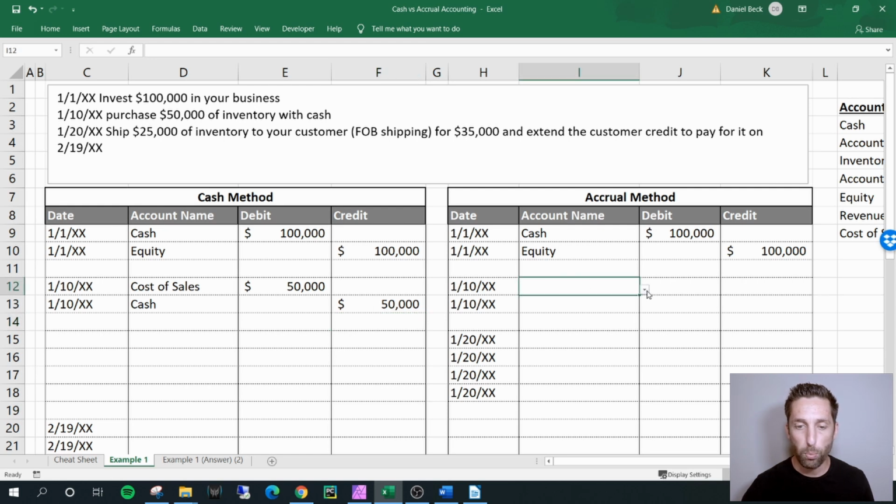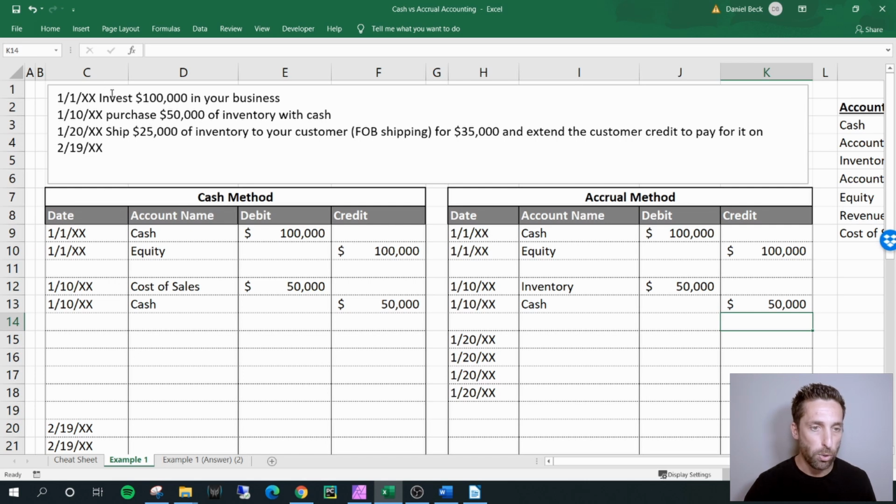In the accrual method, we don't expense this until we've incurred it. So what we're going to do is record this inventory as an asset. So we're actually going to debit this inventory account for $50,000, and we will decrease our cash account for $50,000.